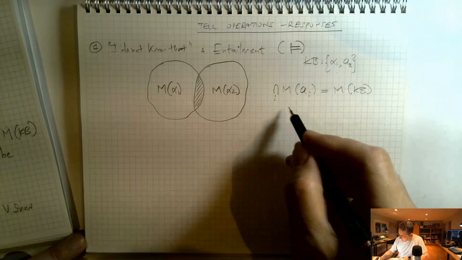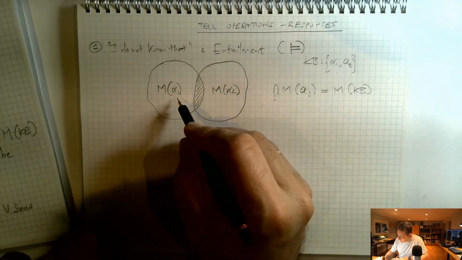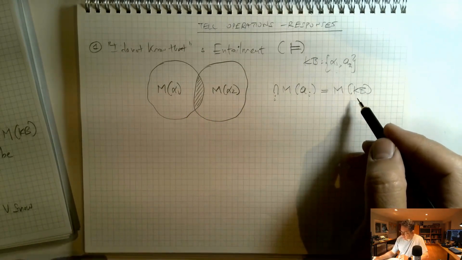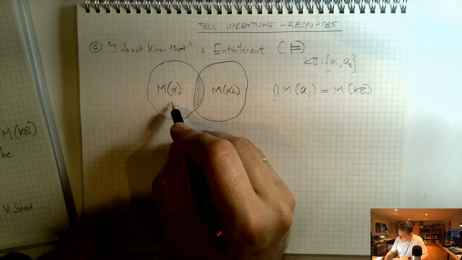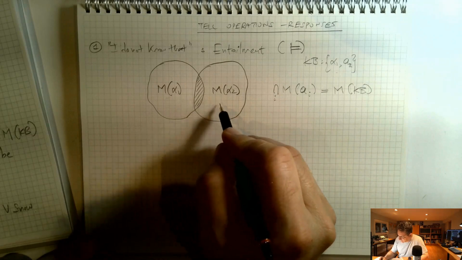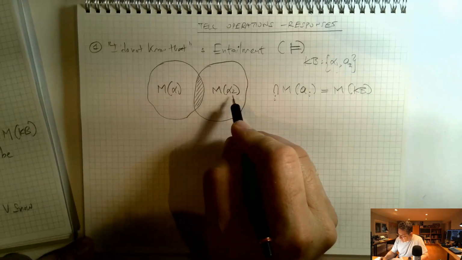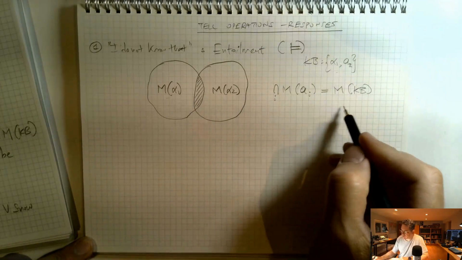The intersection comes from the fact that the set of models that satisfy the knowledge base is the set of models that satisfy A1 and the set of models that satisfy A2 at the same time.